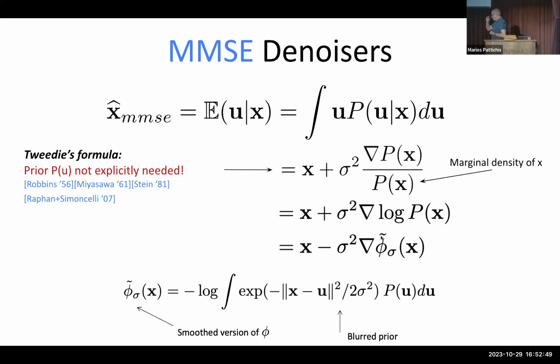This is also a smooth version of phi, but it's not the same smooth version that you saw for MAP. It's a different smooth version in the sense that this is basically using the blurred prior to define phi sigma tilde. But broadly speaking, the form is basically the same.